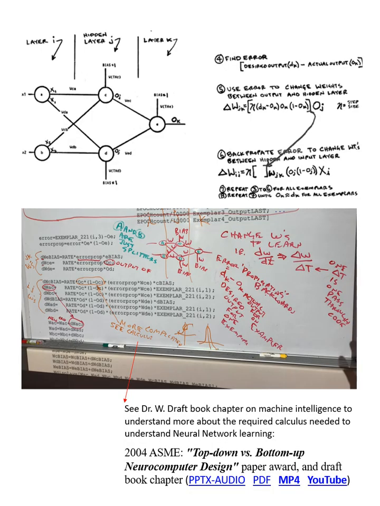And now we can take a look at the actual learning going on here, where the change or the back propagation is going on, and it's going firstly through the JK weights, which are between the hidden layer and the output layer.